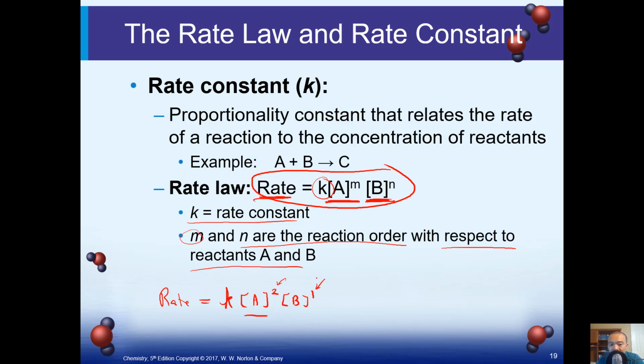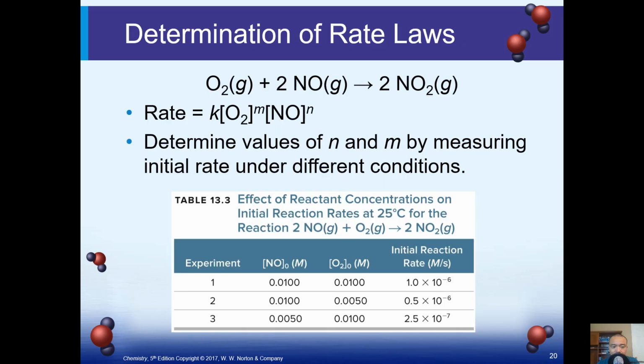And the overall reaction order is M plus N, which is 2 plus 1, which is 3. Overall reaction order is 3. Please note the values of M, N, and the rate constant K must be determined experimentally.